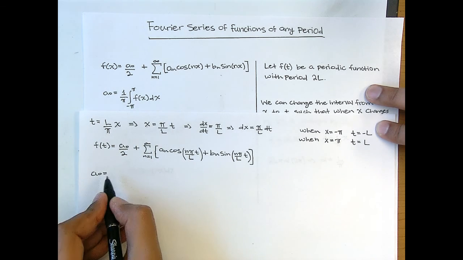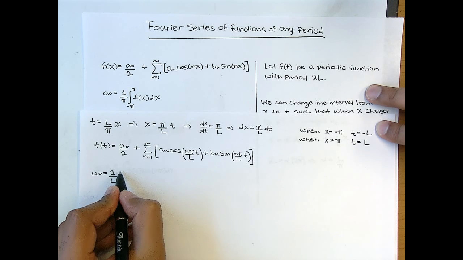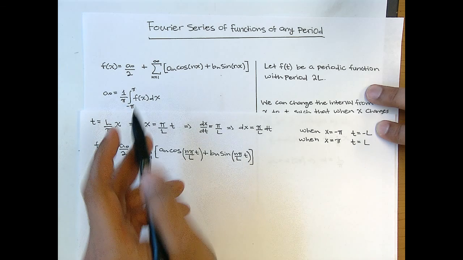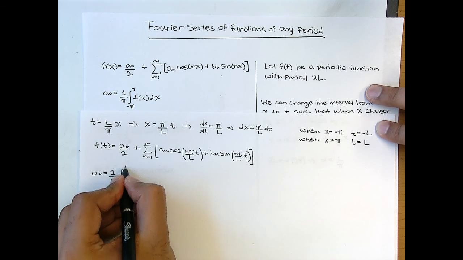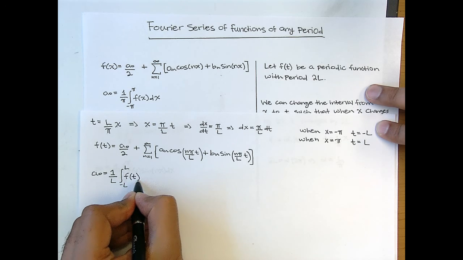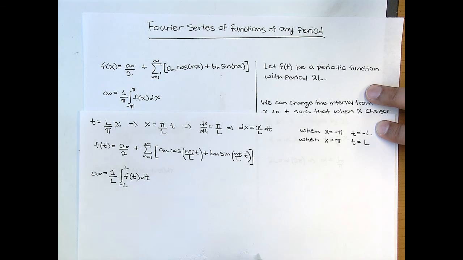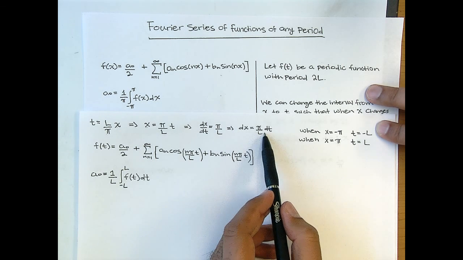This will leave us with 1 over L, integral from negative L to L, f of t dt, where for dx I've just substituted this expression.